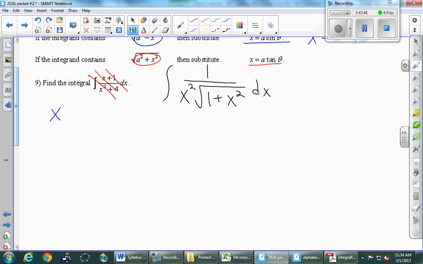Okay. x equals. What do we have here? Right. So we have a squared plus x squared. We have a 1 plus x squared. How much is a? 1. So we're going to make the substitution x equals 1 tan theta. You don't need to write the 1.